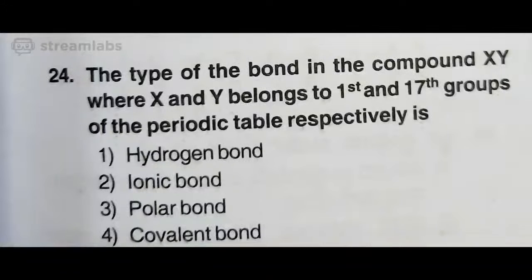Okay, look at the question. The type of bond in the compound XY, where X and Y belong to the first and 17th group of the periodic table respectively. Okay, then what kind of bond is formed here?